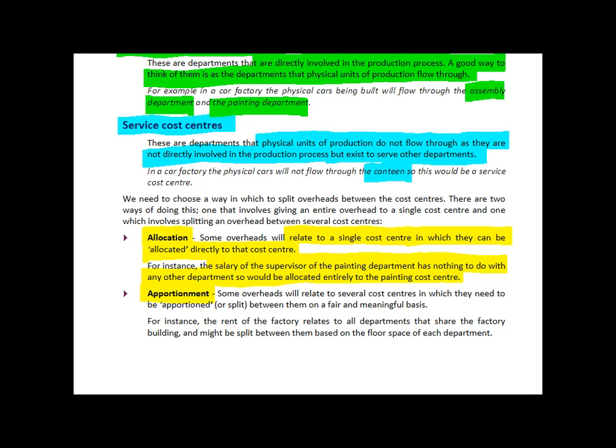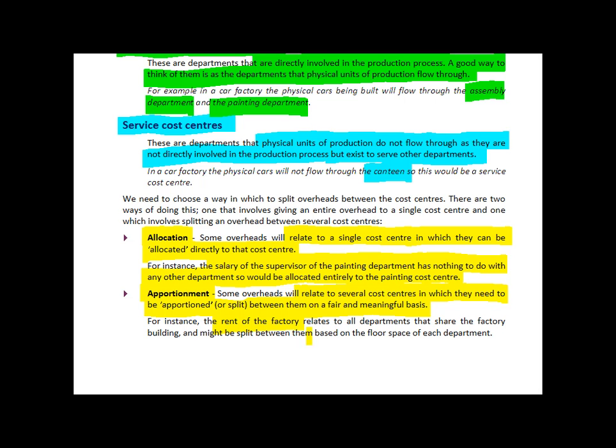Apportionment, though, is where overheads relate to several cost centres, in which case we need to apportion or split up or share out the overhead between the different departments. And what we need to ensure is that we do that on a fair and meaningful basis. So for instance, rent of the factory is a good example of an overhead that might need to be apportioned. You can imagine each department will be in the factory building, so they're all benefiting from that rent cost, so they should all take a share of it.